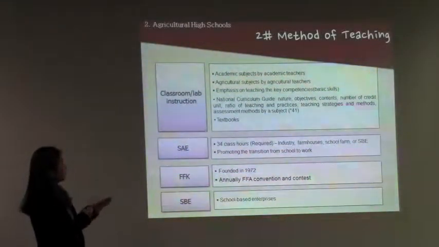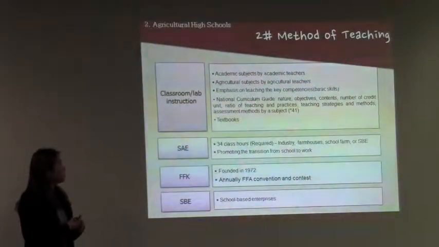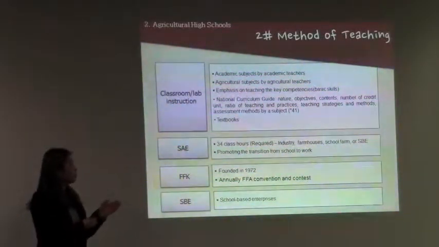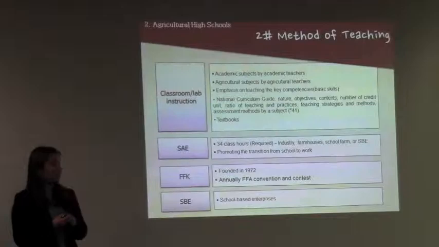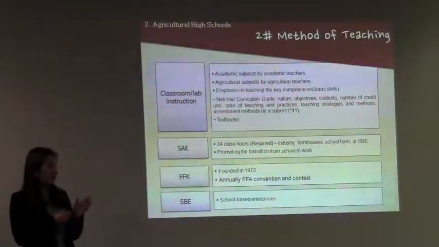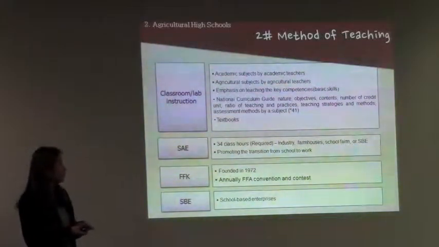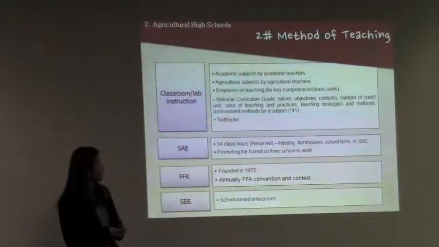They use textbooks and many things, and students have to take 34 class hours about industry, farmhouses, or school farms. The FFK was founded in 1972, and annually students can participate in the FFK convention and contest.